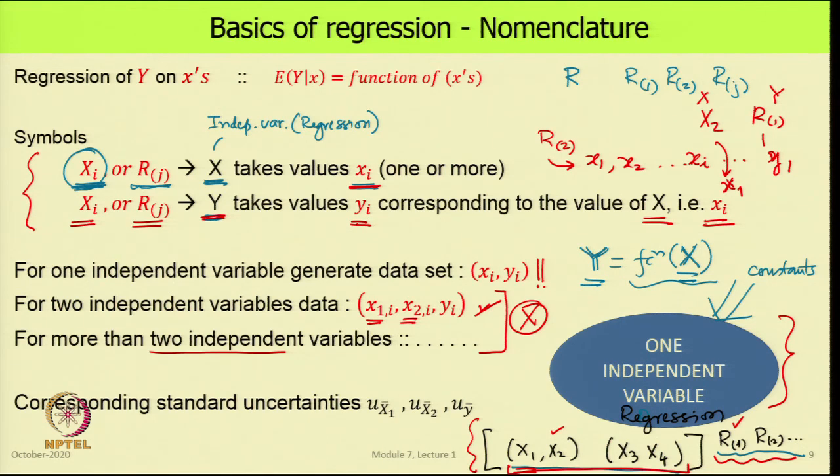Now, we get one more data that we have already done in the experiment and looked at in our uncertainty analysis, input that we will require for doing the regression, and that is that with each one of these we have an associated standard uncertainty ux1 bar, and similarly for each result you have standard uncertainty say ur2 bar.